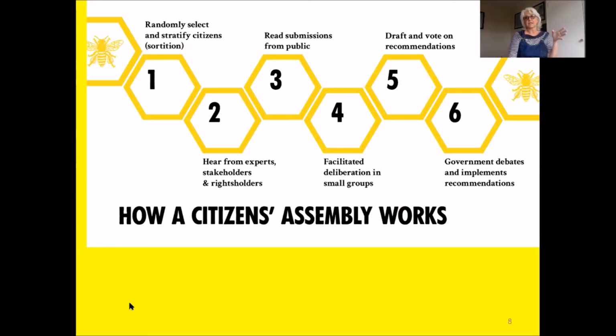Some of the input sessions had to be held virtually because of COVID. And the aim of the Assembly was to discuss how the UK can meet its legal obligation to reduce carbon emissions to net zero by 2050.